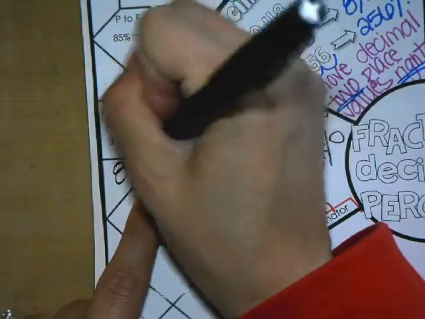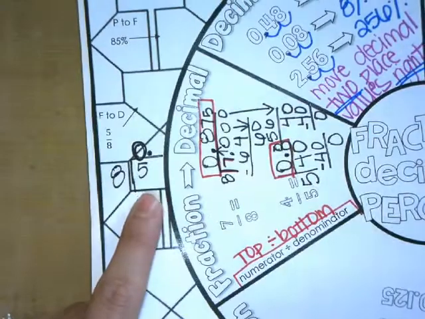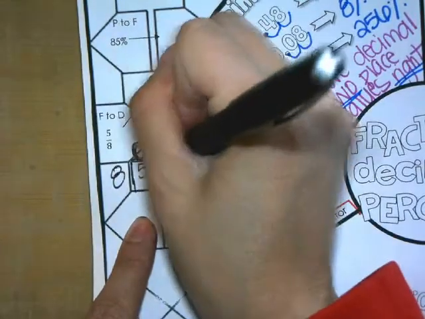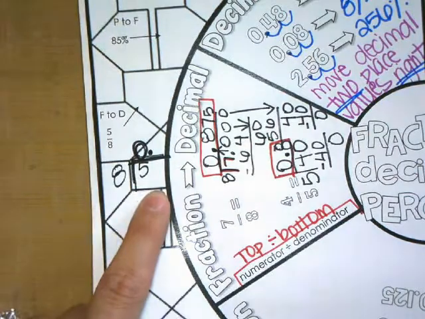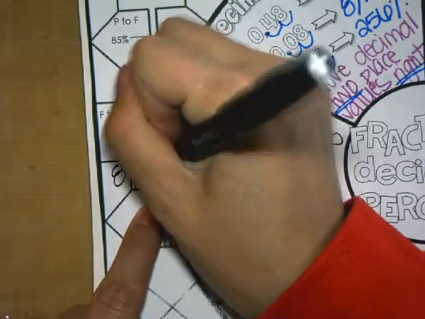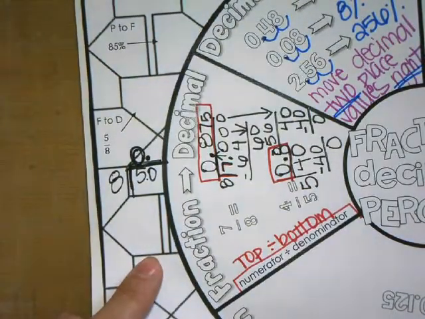So add a 0 and a what? Every single time, add a 0 and a decimal. What number do I put after the 5? Yeah, you can add that decimal in, but you don't have to because I have the decimal up top. But your choice, whatever works best for you.